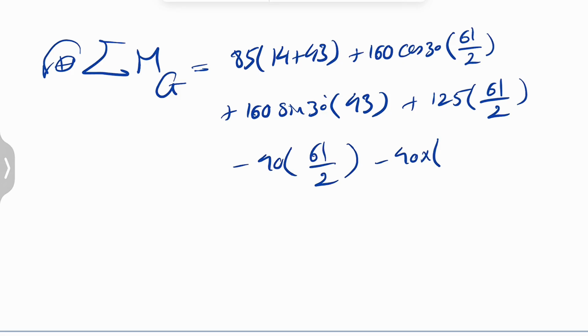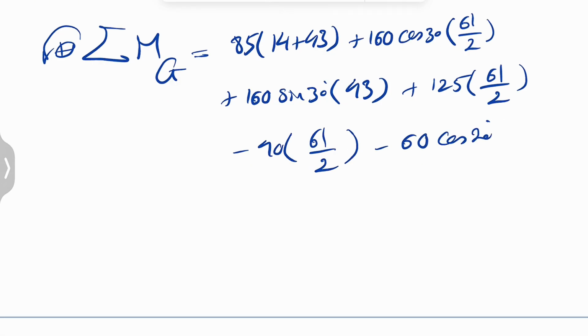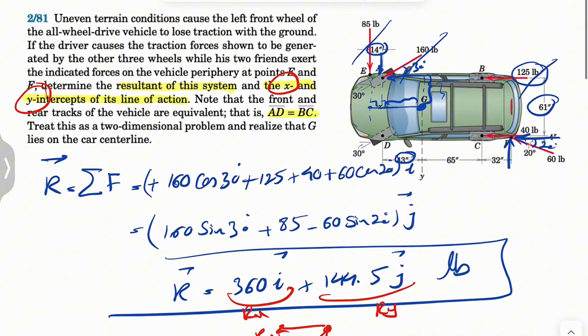So I don't know why I put the force this way, so 60 cosine of 20 degrees, and we have a little bit of different distance because you can see that this point right here is a little bit lower than C. So we have this little distance here that is 4 inches, and we figured that this distance is 65 divided by 2.